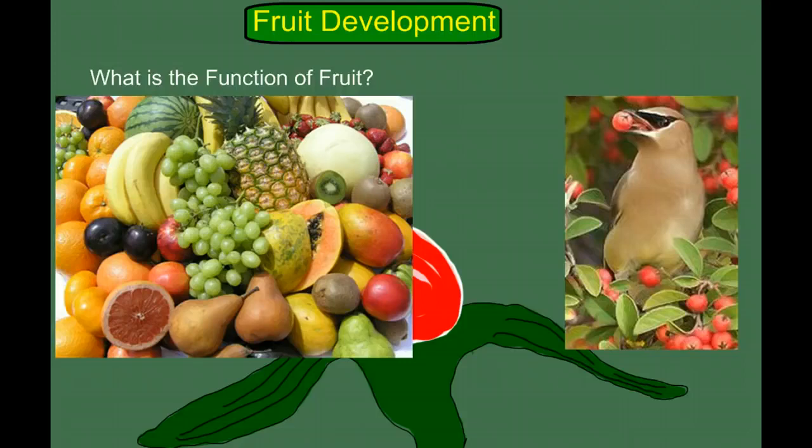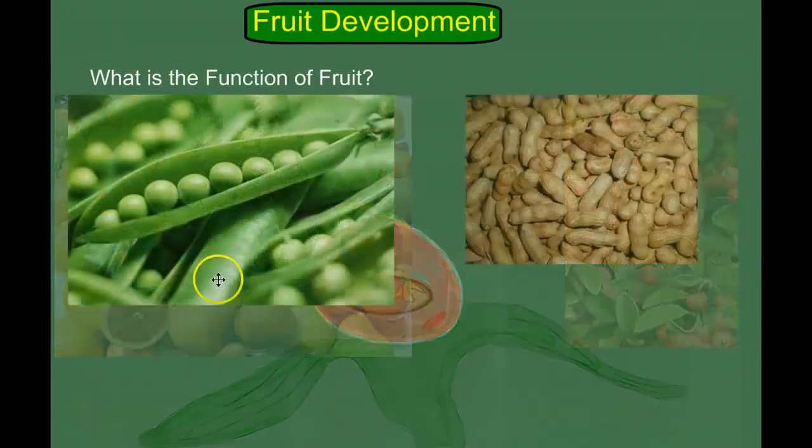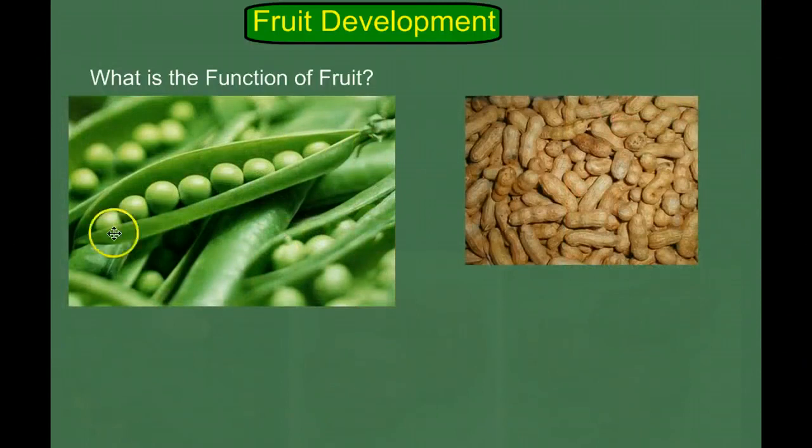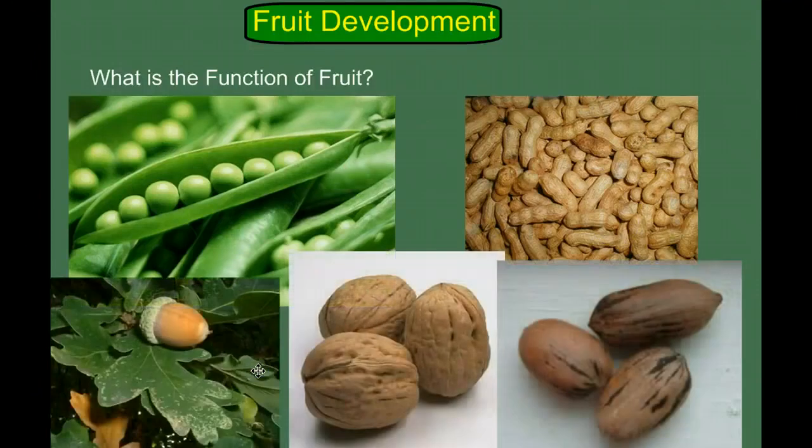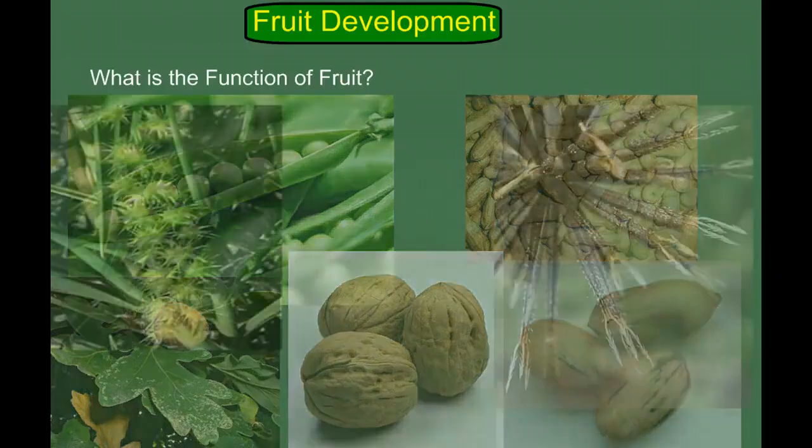Anything with a seed inside of it is a fruit. So pea pods, the pod itself is the fruit and the peas are the seeds. Peanuts, the peanut, this is a fruit by definition, and inside are seeds. And all the nuts are fruits. The seed is inside there. And think about fruits like this.